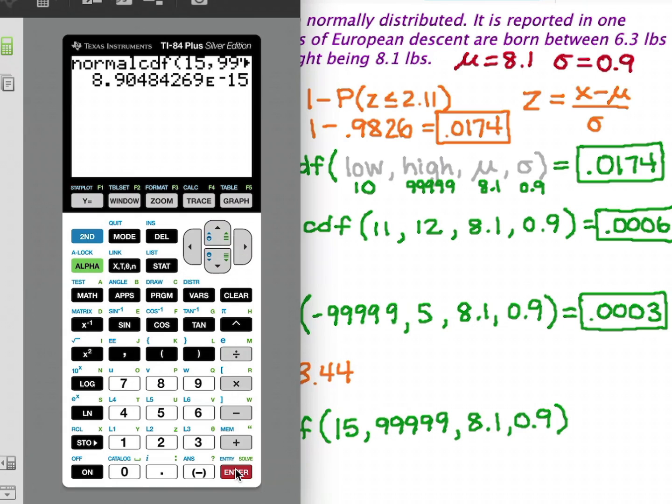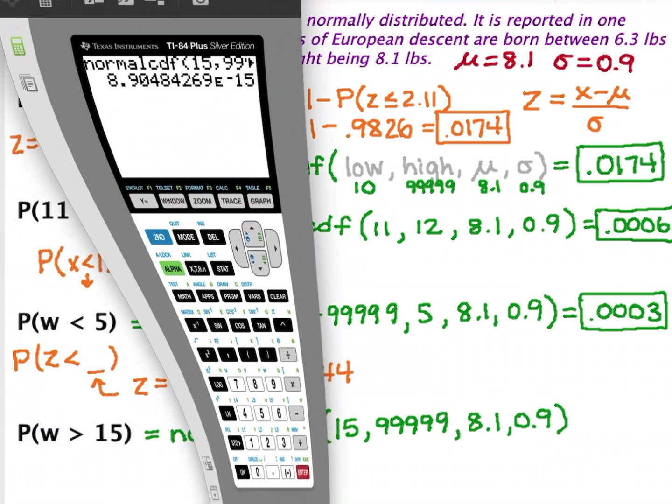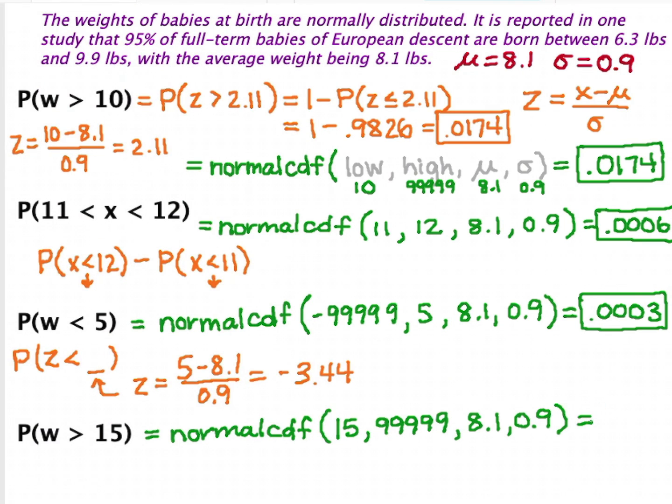My goodness, that's a small number. 8.9 times 10 to the negative 15. So even if we move that decimal place over 15 spots, if we're only rounding to 4 decimal places, it'll just be 0.0000. There's really hardly any chance that you're going to find a baby that's born greater than 15 pounds.